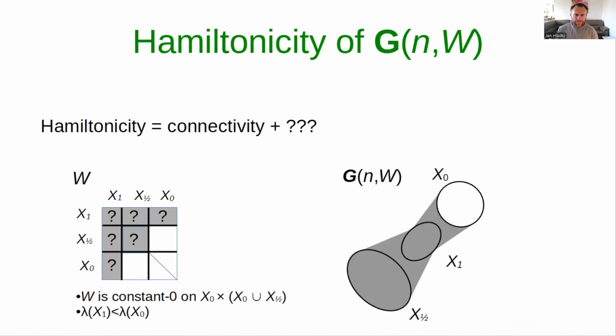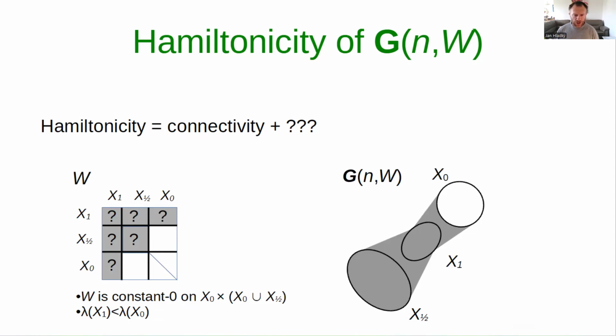Well, this example shows that just the conditions for asymptotically almost sure connectivity are not enough for Hamiltonicity in the inhomogeneous model. Let me describe the graphon W shown on the left. I partition the ground space of the graphon into three parts, which we will call x0, x1/2, and x1. These names have a natural meaning that we will see shortly.